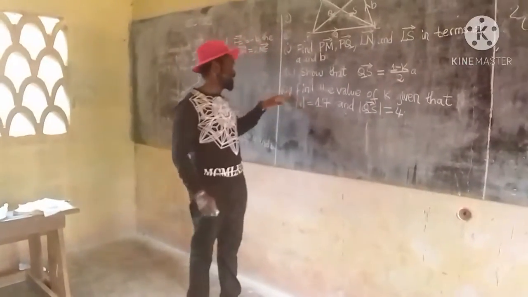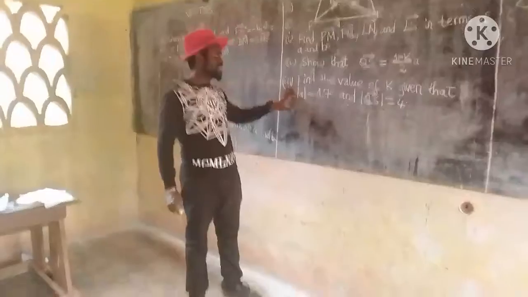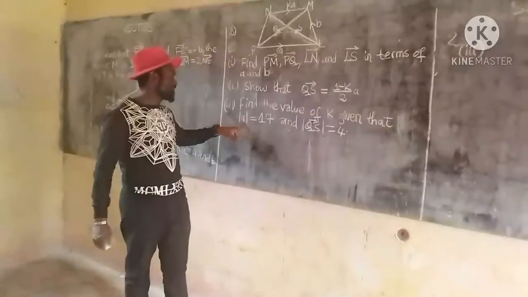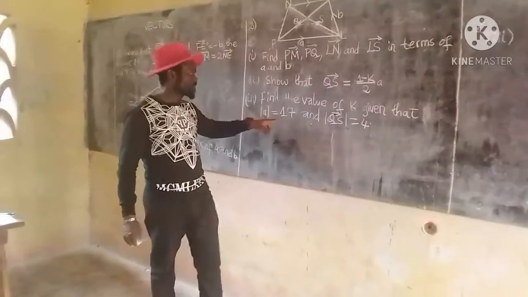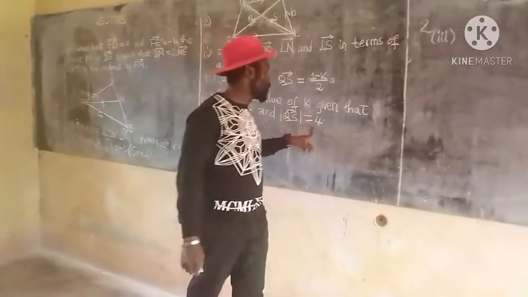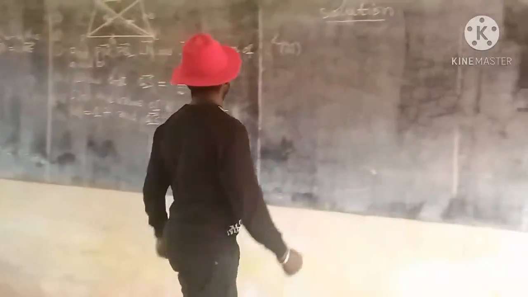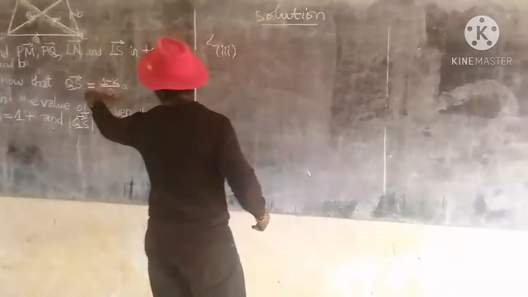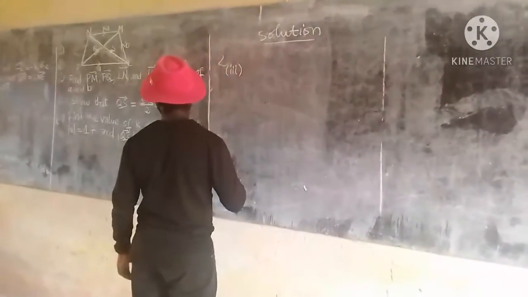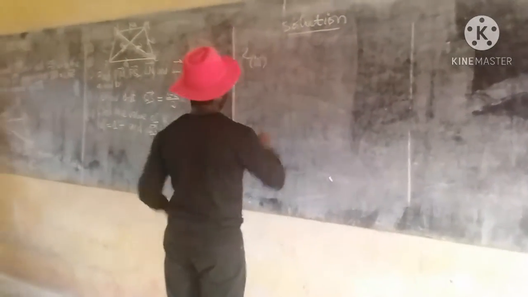Okay, let's look at small man 3. It says, find the value of K given that the absolute value of small a is equal to 17 and that of QS is equal to 4. All we need to do is to rewrite this in the form of absolute values for small a and QS.